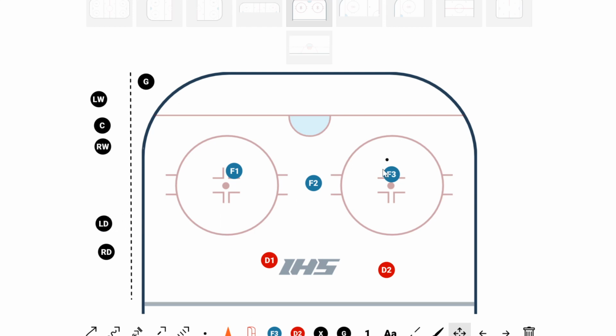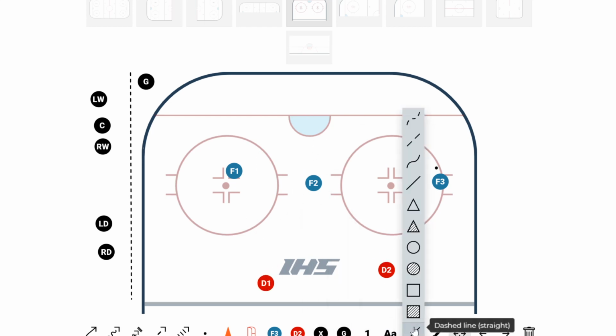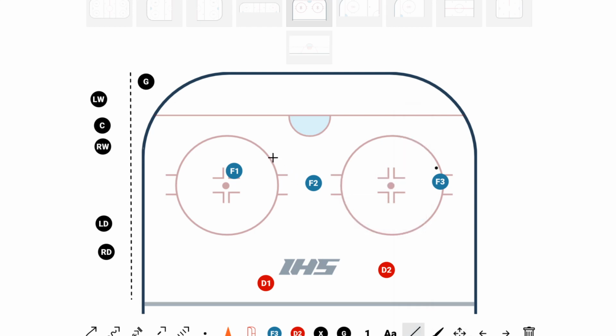So the next question is, okay, well, if I'm just a forward and I can venture anywhere on the ice, where should I go? Well, the first thing you might hear is that the dangerous part of the ice is the slot. Yes, that is true.